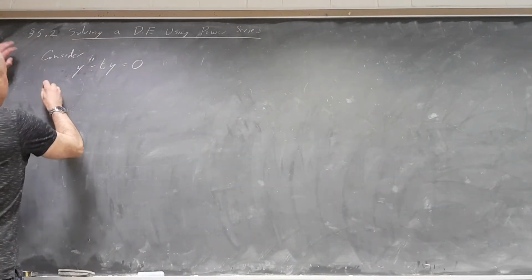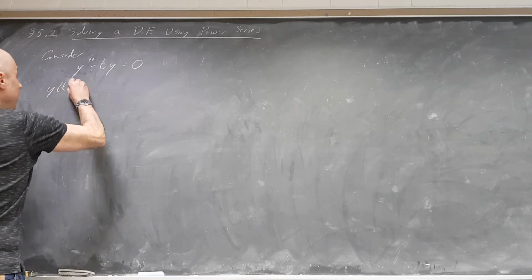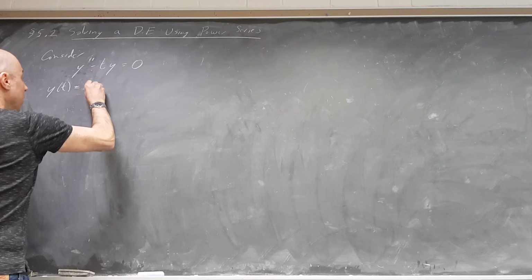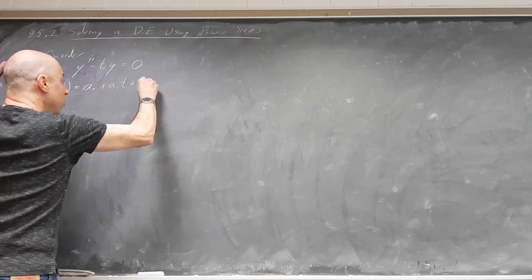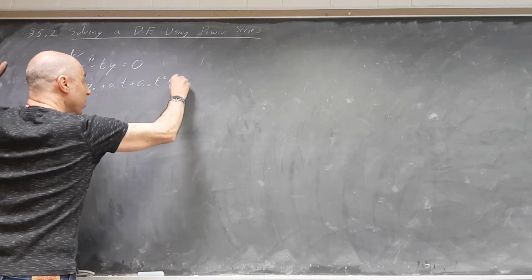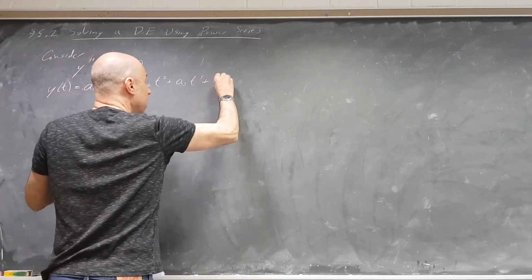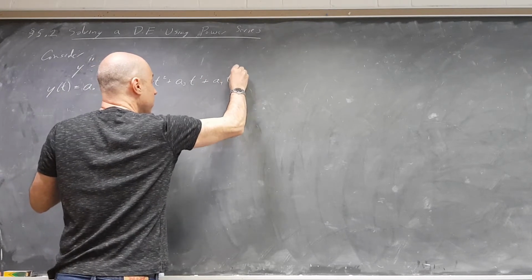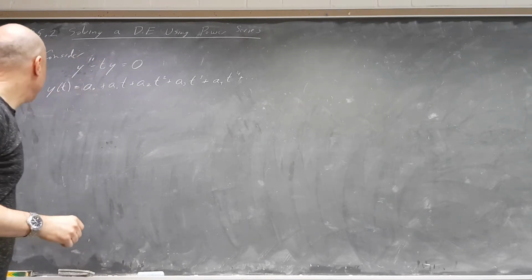Again, we will set y of t to be a power series: A0 plus A1t plus A2t squared plus A3t cubed plus A4t to the fourth plus on to infinitum.